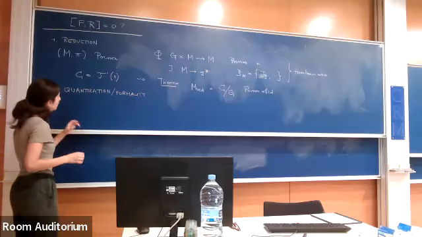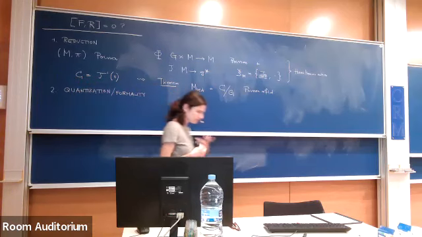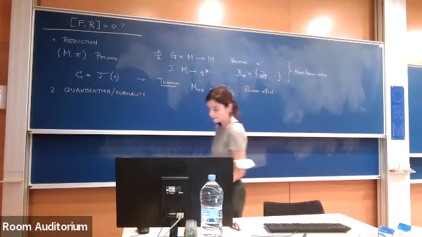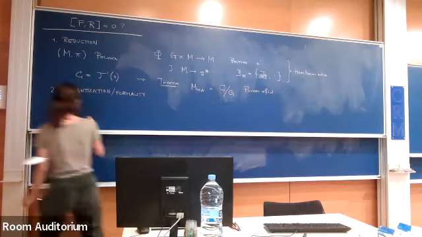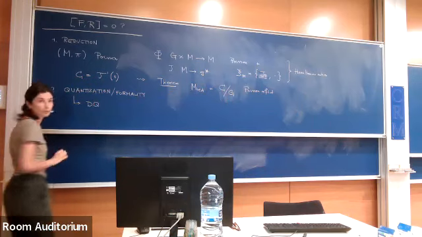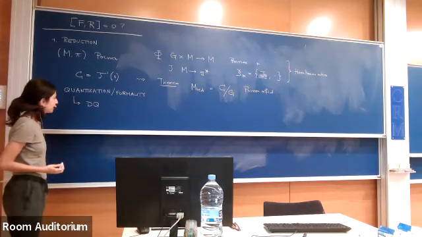I would like to try first to give you a rough idea and then to enter into more technical things. So what's the idea of quantization? To me, quantization means deformation quantization. And roughly the idea is the following.